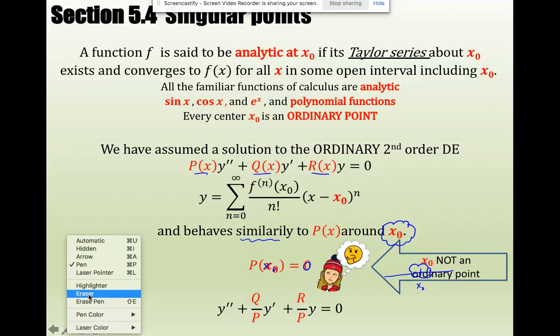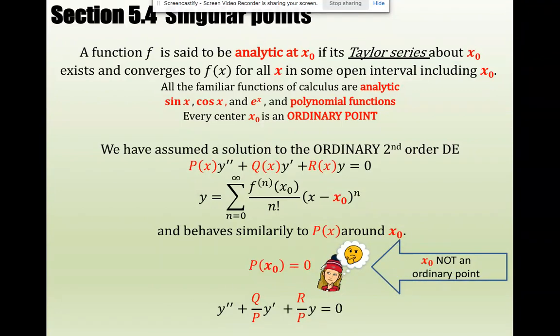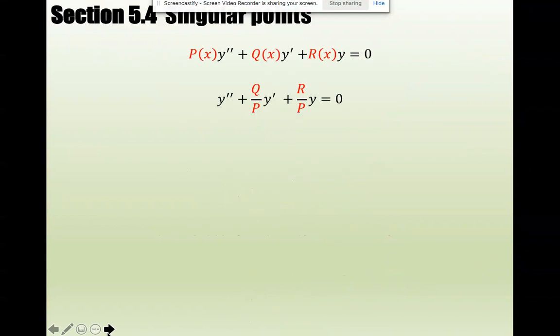Firstly, you need to know that whatever x does create 0 in p of x, that value is not ordinary. The function is not analytic at that point. What does that mean?